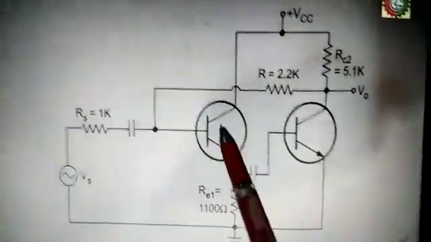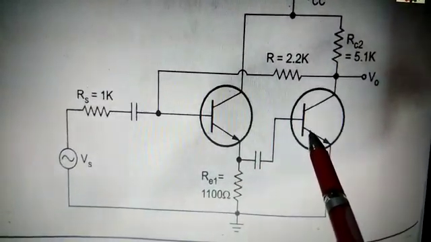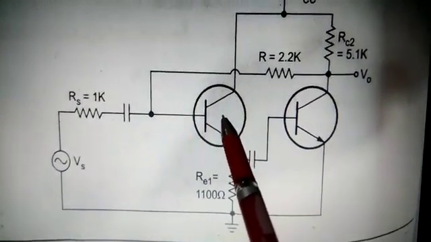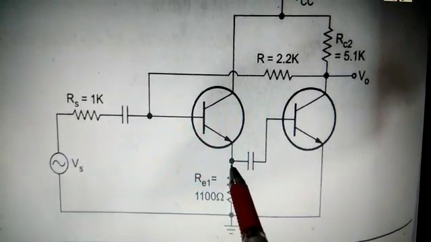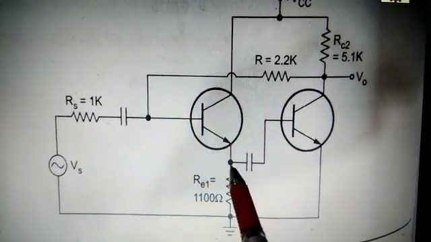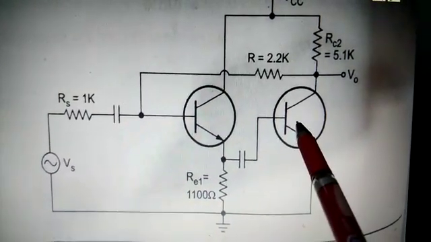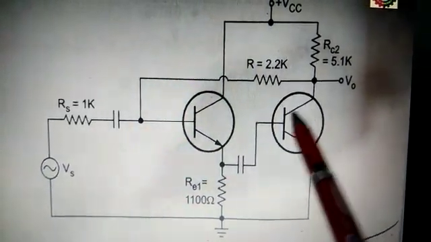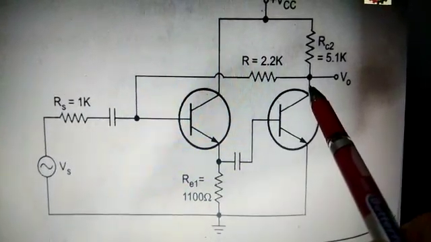You can observe here that two stages are given. The first one is the common collector stage, which has its output at the emitter. This output, through a coupling capacitor, is connected to the base of the second transistor, which is a common emitter transistor with output at the collector.